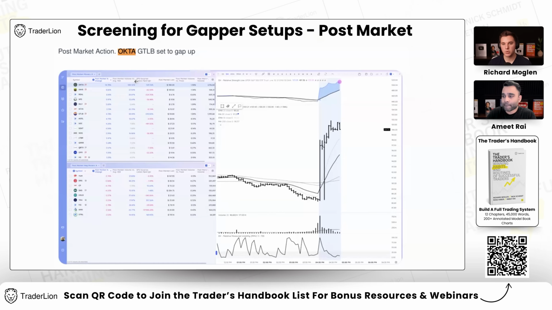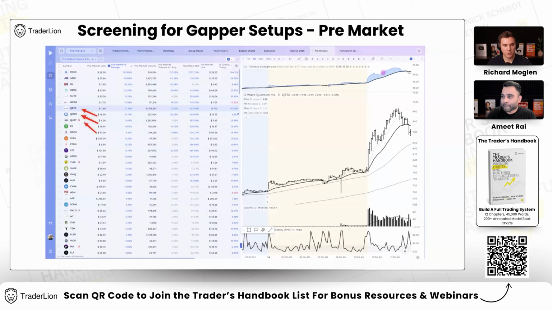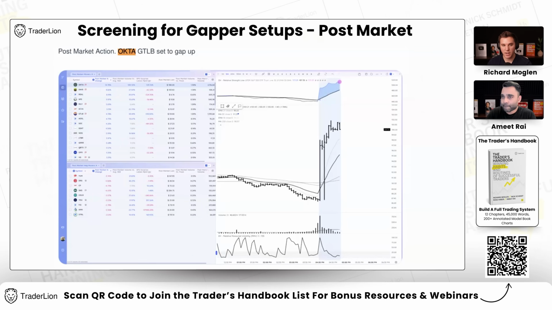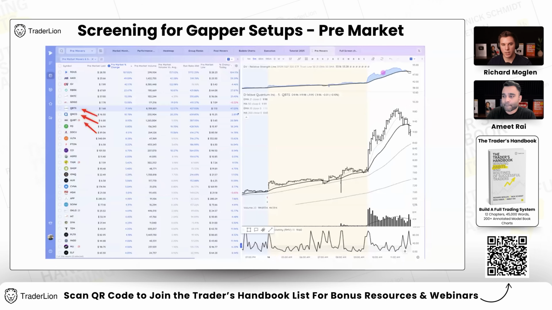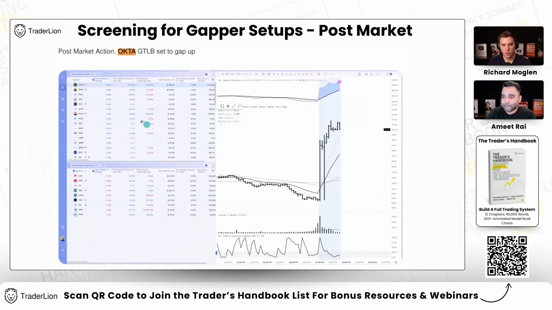These are the type of numbers we're looking for to identify the outliers which lead to strong gapper setups and strong opportunities going forward. So that's how I like to look for these gapper setups, as well as HV edges: pre-market looking for over 10% of average volume with a gap, and then post-market the day before looking for over 30%, but ideally 50% or even higher in terms of volume post-market compared to the daily average.